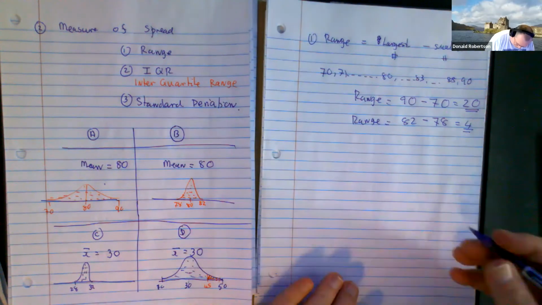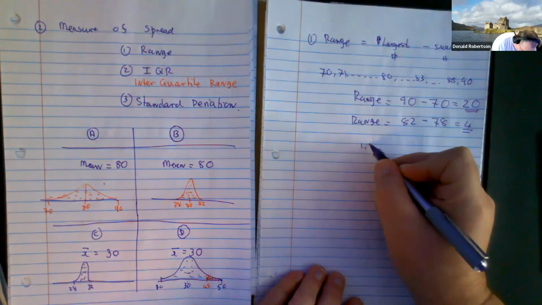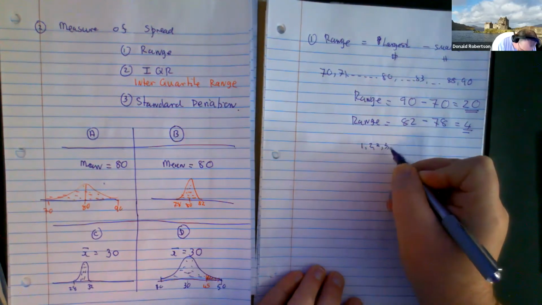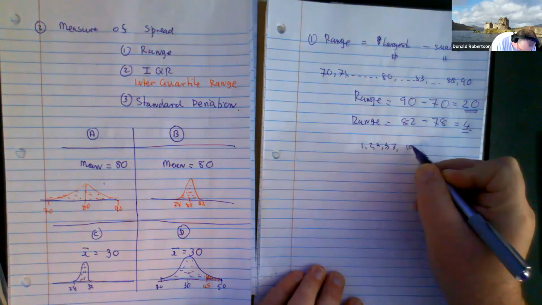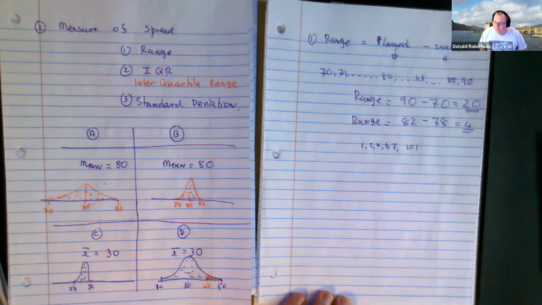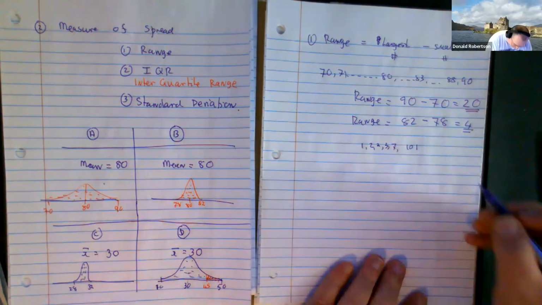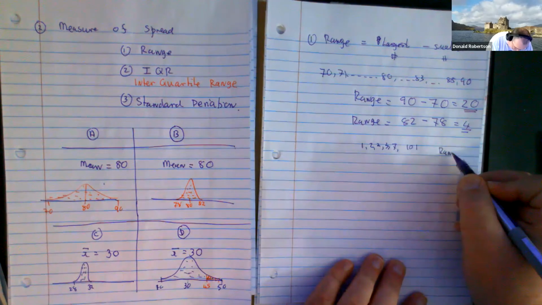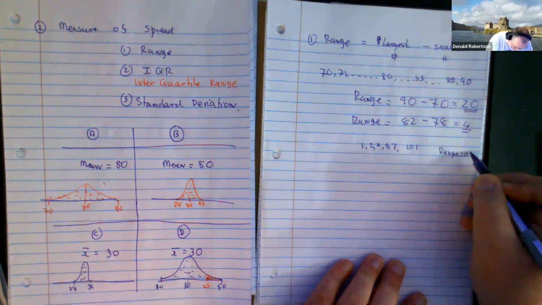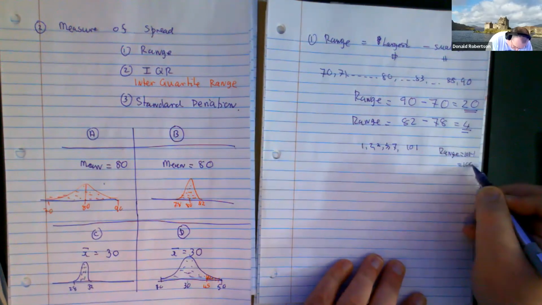Can you imagine you could get data that looked like this? 1, 2, 2, 3, 7, 101. Would you agree that is an outlier times 2? That is a whopping outlier. But according to that very small data set, isn't the range 100?